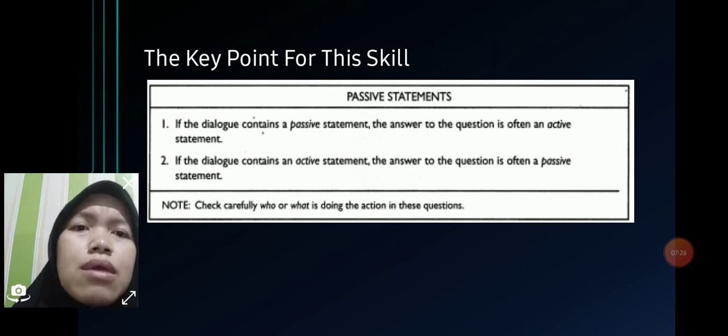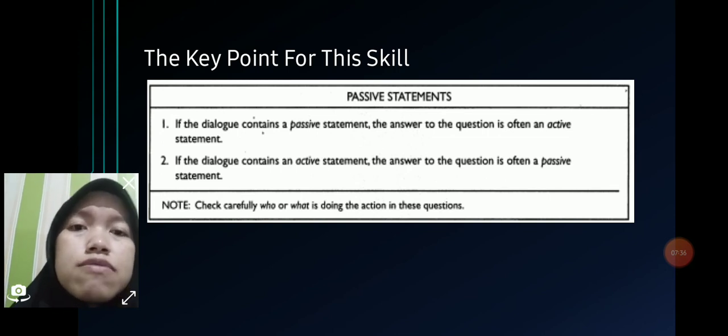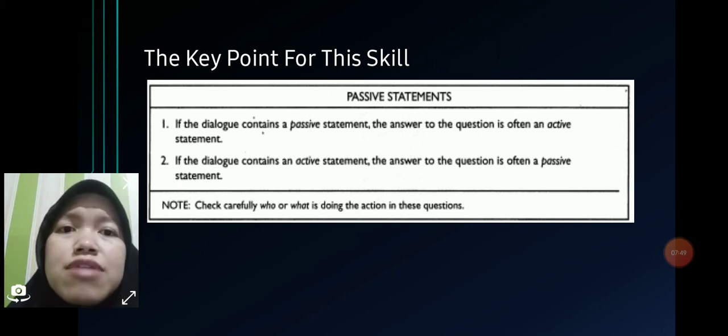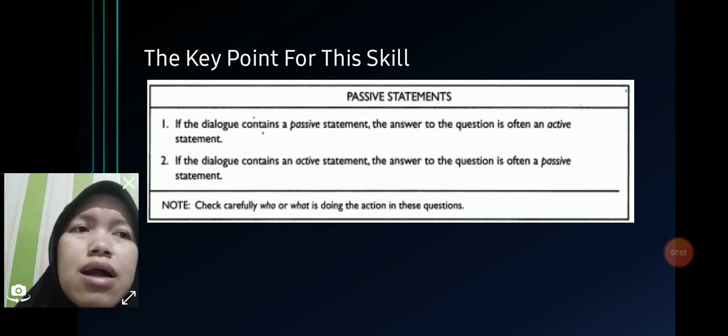But you have to check carefully who or what is doing the action in the question. So if you get a passive sentence in the recording, you have to look for an active statement in the answer sheet.